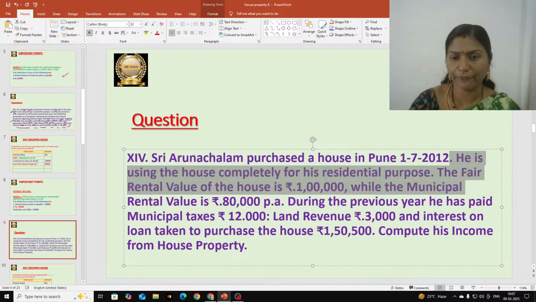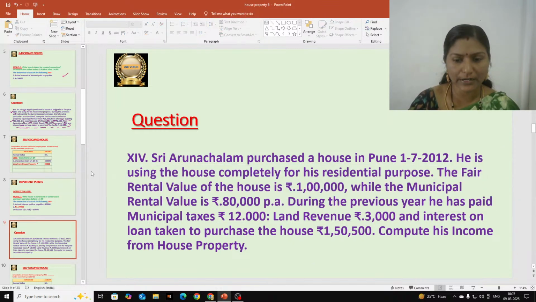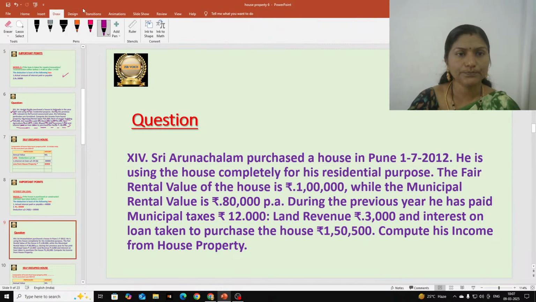No, we don't need it. In case of self-occupied houses, we don't want MRV, FRV, fair rental value, all this. And municipal rental value per annum, that is 80,000. Do you need that? We don't need that also. But they give it to confuse us.